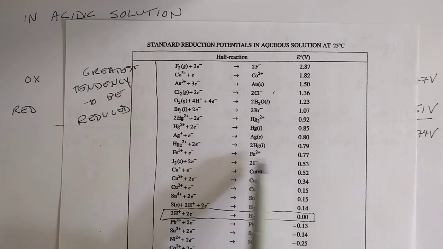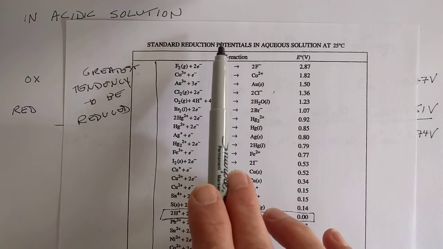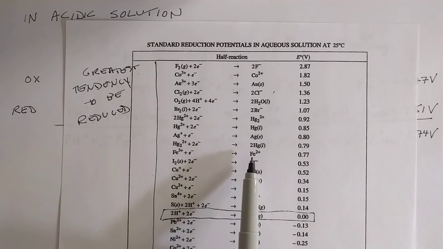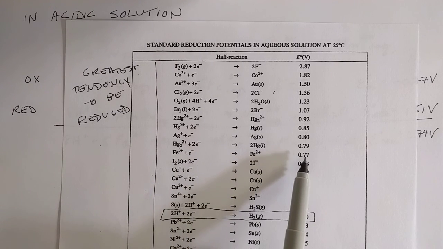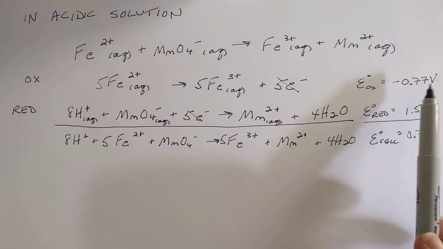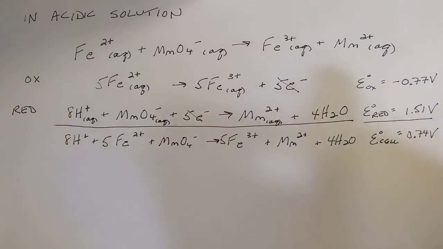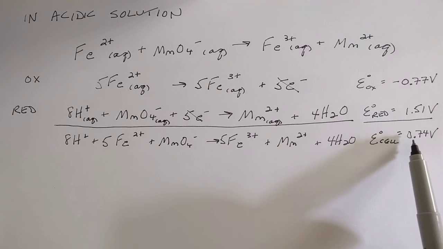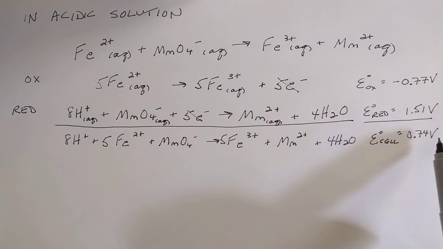Remember, for the oxidation we have to flip, because this chart is in terms of reduction potential. So we flip the equation to match our half reaction, and we have to flip the sign of our E0. So we get a negative 0.77 volts. Add them up, and the E0 of the cell is positive 0.74 volts.